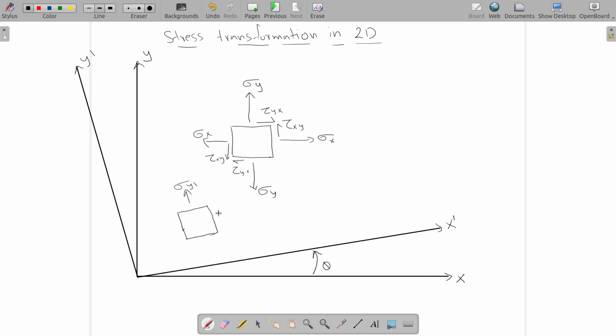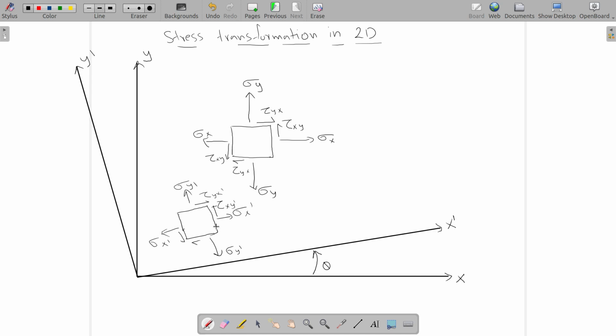So this is sigma y dash, sigma x dash, tau xy dash, tau yx dash. Same thing on the other side. So we have this here, and we need to convert it to this. Now the question is, how do we do this?